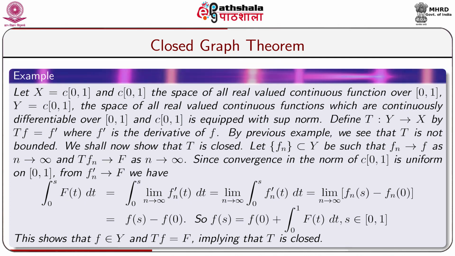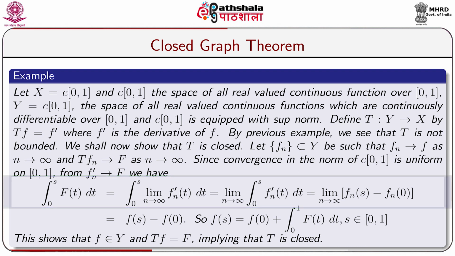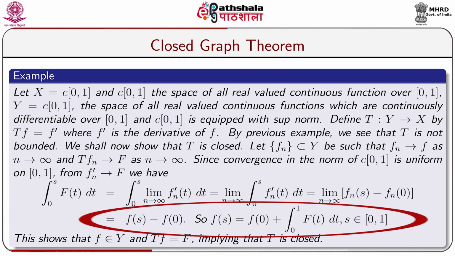Since convergence in the norm of C[0,1] is uniform on [0,1], from fn dash goes to F, we have the integral from 0 to s of F(t) dt is equal to the integral from 0 to s of the limit as n tends to infinity of fn dash(t) dt, is equal to the limit as n tends to infinity of the integral from 0 to s of fn dash(t) dt, is equal to the limit as n tends to infinity of (fn(s) minus fn(0)), which is equal to f(s) minus f(0).